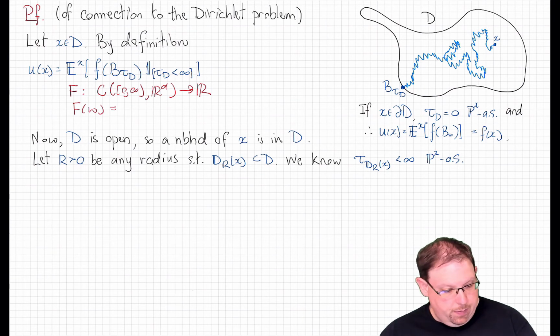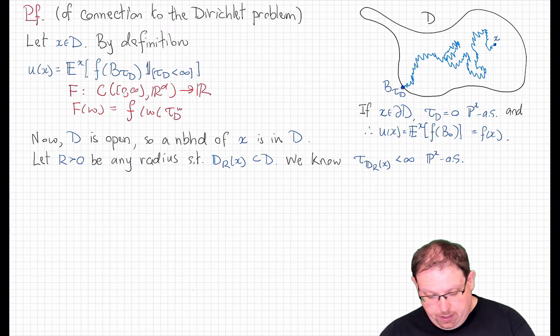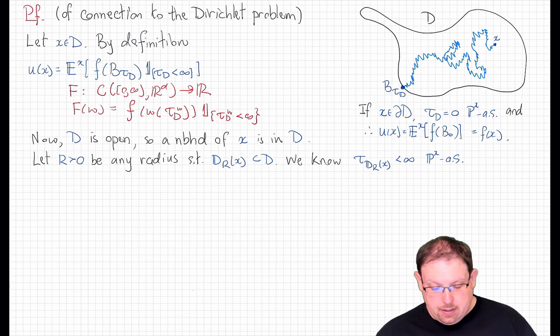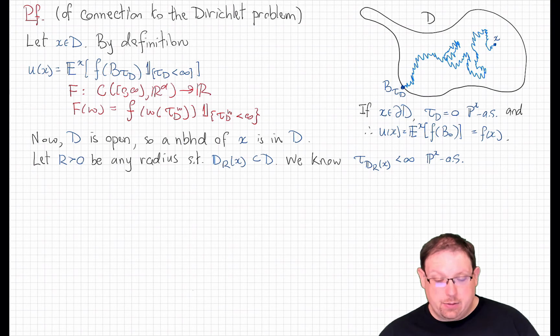F at a path omega is exactly the integrand we see in the definition of u. It's f at omega at the exit time of omega from D, if there is an exit time. Otherwise, it's just defined to be 0. I'm being a little loose with notation here, but of course, this is a well-defined time for any path omega. It's the infimal time at which the path omega is outside D.